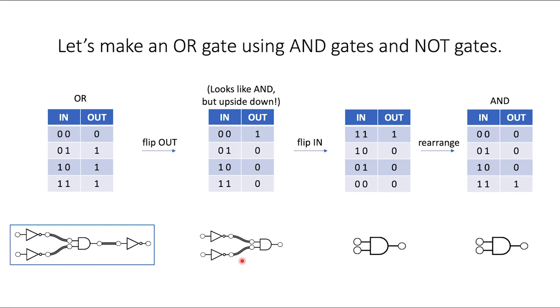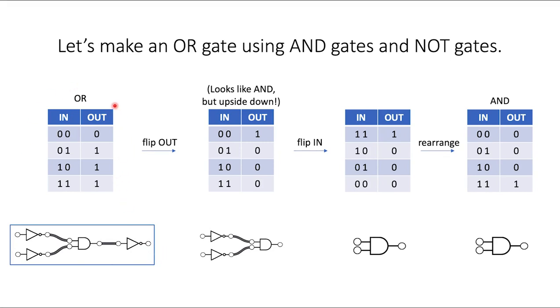So lastly, here I flip the inputs, so I put NOT gates before the AND gate. But then the first step in analyzing this truth table was to flip the output bits, or in other words, apply a NOT gate to whatever I get from this AND gate. So I tack on this extra NOT gate at the end. Okay, so now here is a circuit which realizes this truth table.